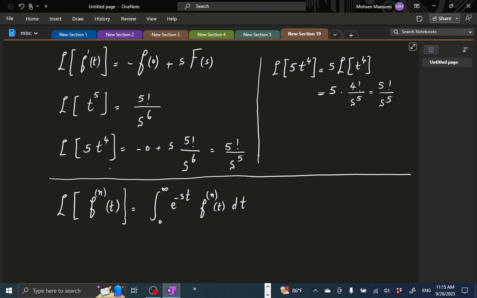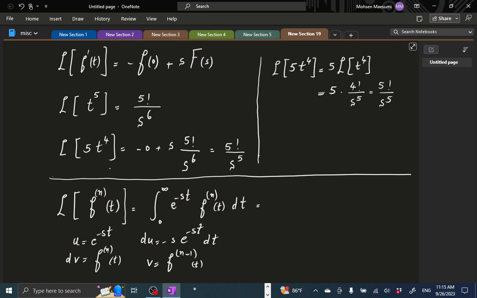So what do we do? As before, the u is exponential of minus st. Our dv is the nth derivative of the function. Then du is going to be minus s exponential of minus st dt. And the v, well, taking the antiderivative of this thing once brings us to the previous derivative.